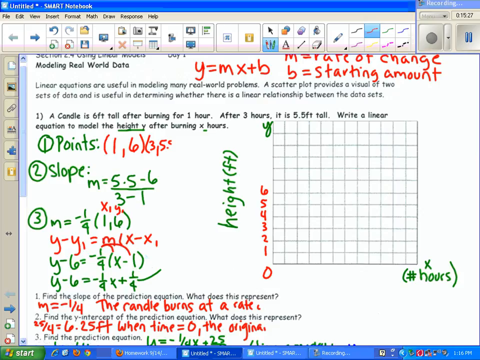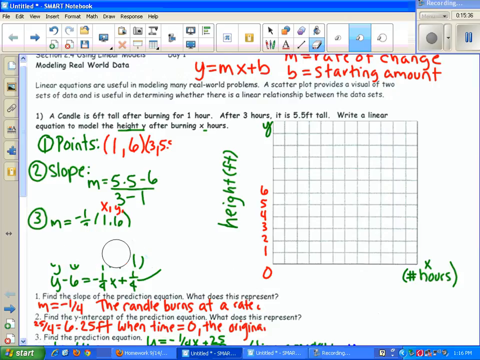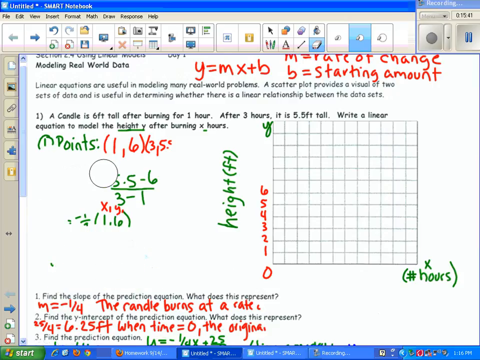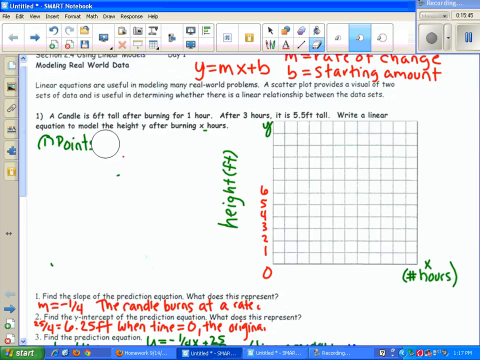Something that usually helps me figure out what I should do my x scale by is finding the x-intercept of the equation. So I'm going to erase some more of this, and we're going to find our x-intercept to help us figure out what the scale should be on the x-axis.